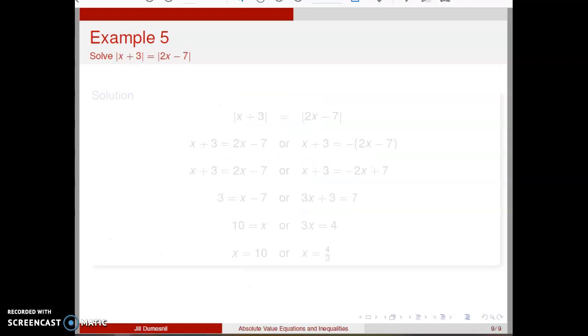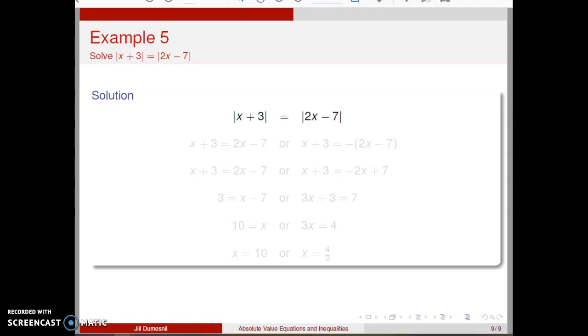For our final example, let's solve the absolute value of x plus 3 equals the absolute value of 2x minus 7. We start with the given equation. For two quantities to have equal absolute values, the quantities must be equals or opposites.